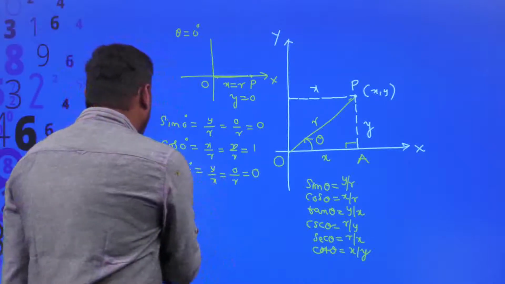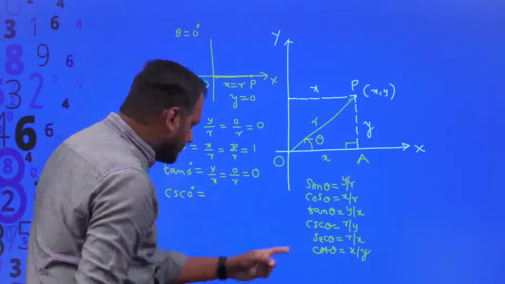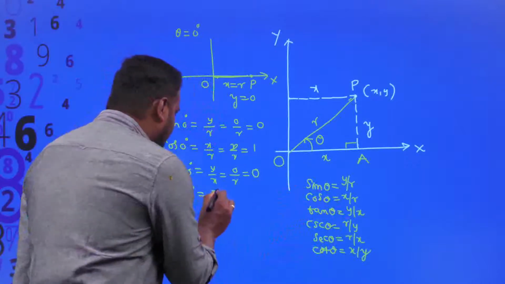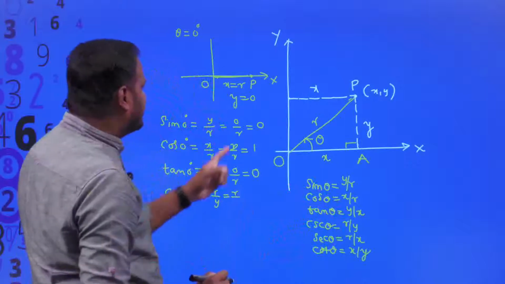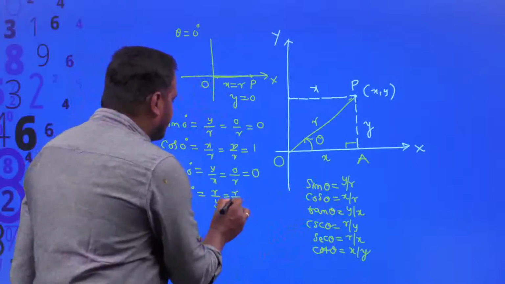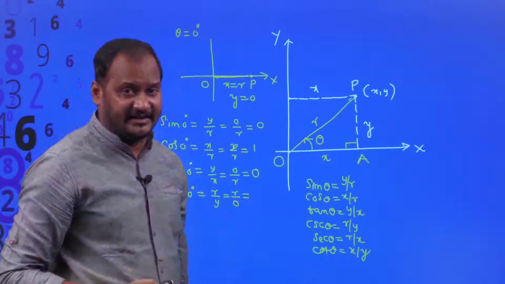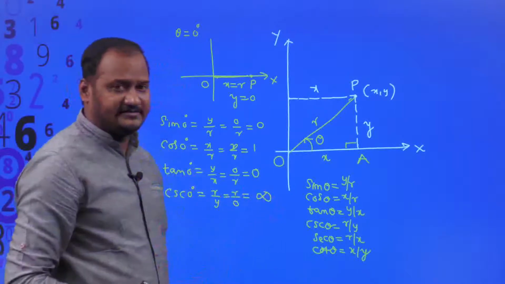And coming to cosecant. Cosecant 0 degrees is equal to, what is the definition of cosecant theta? R divided by y. So R divided by y, where y is 0, becomes R divided by 0. Division with 0 is not defined, so R divided by 0 is undefined.